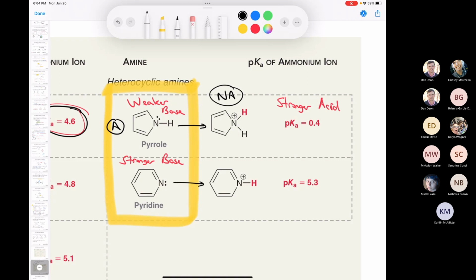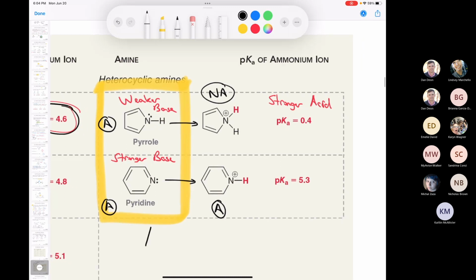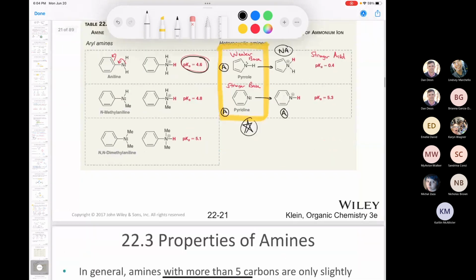Whereas when you protonate pyridine, you go from something aromatic to still being aromatic. That is why pyrrole is so much weaker as a base than pyridine: once it gets protonated, you've destroyed the aromaticity. I'm going to put a star by this one. I think this is worth knowing and having in your hat as you move forward in the class.